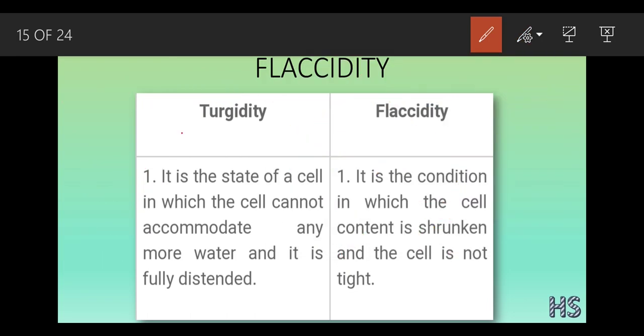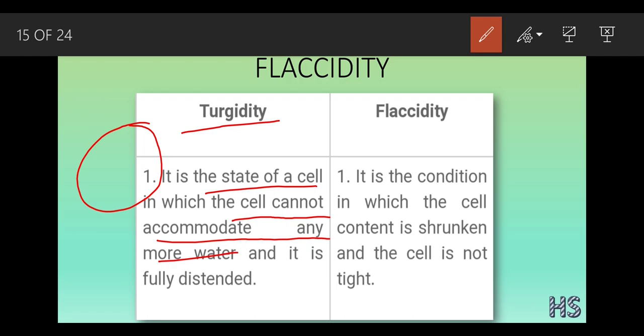In the turgidity condition, it is a state of a cell in which the cell cannot accommodate more water. Suppose this is a cell which is full of water. It won't be able to take in more water.